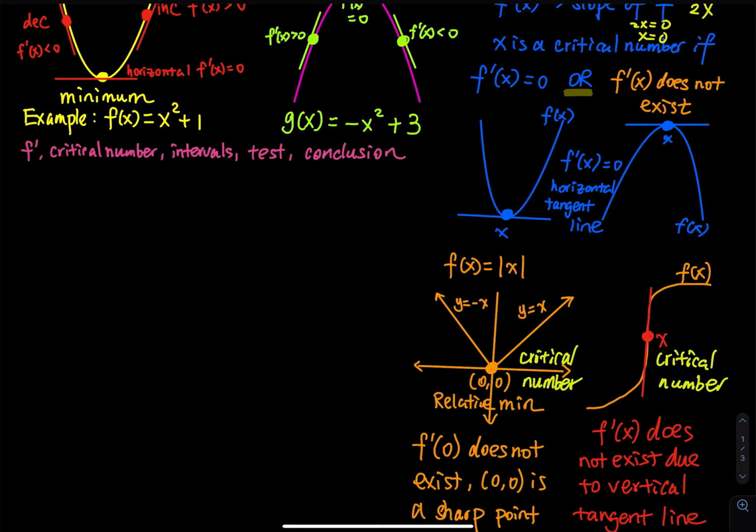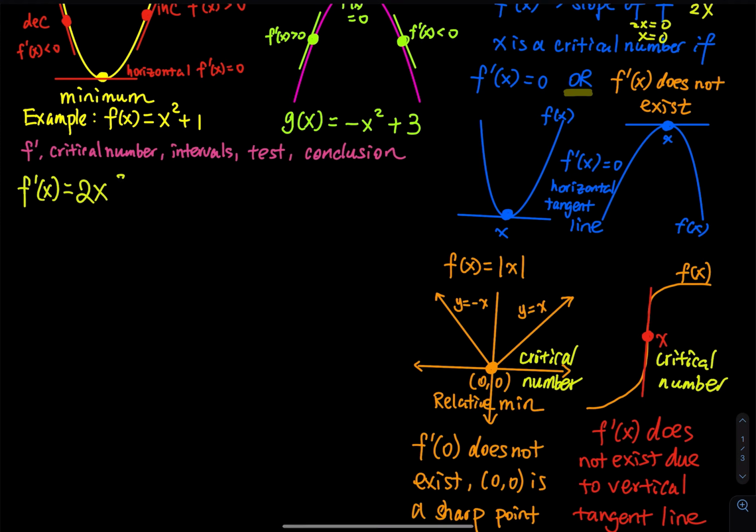The way we find the min and max is we follow this order. First, we find f prime because we need the slope, then we find the critical numbers, then we set up test intervals, test the intervals, and draw our conclusion. So first of all, what is f prime of x? That is just 2x.